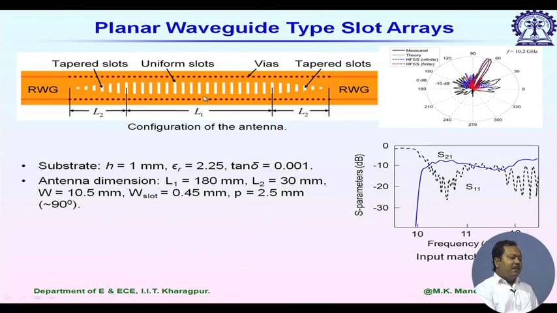So, this is one example of such a uniform leaky wave antenna. You can see they are using different sizes of slots. This is for impedance matching purposes.